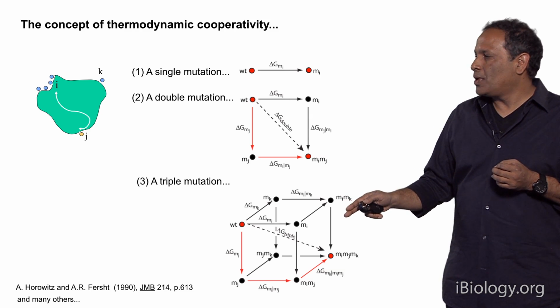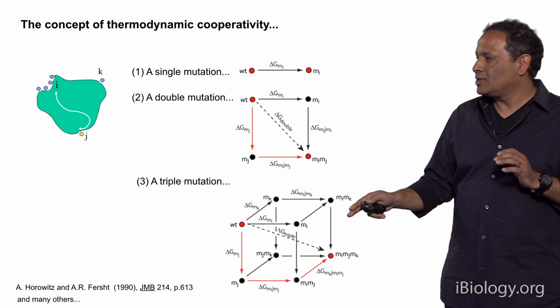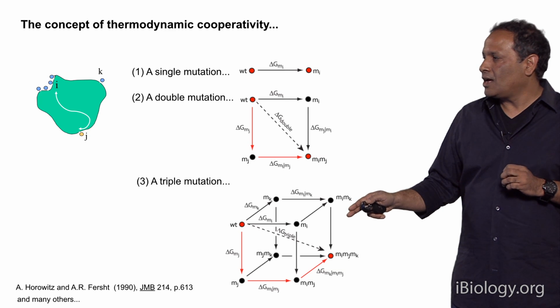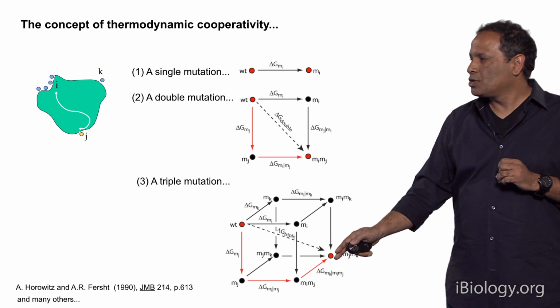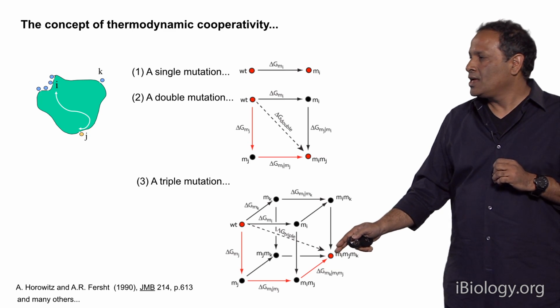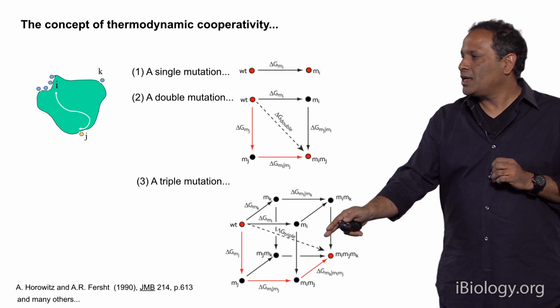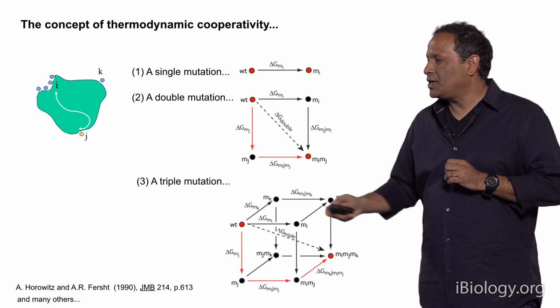And I won't bother describing the details of the calculation of how to write down the energetic effect of the triple mutation. See, the triple mutation effect is the cube diagonal, the effect of this state minus the effect of the wild type state here.